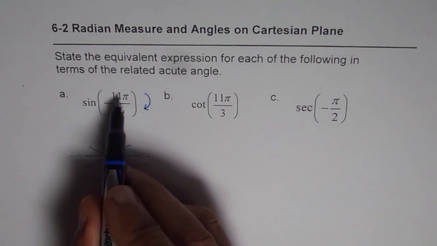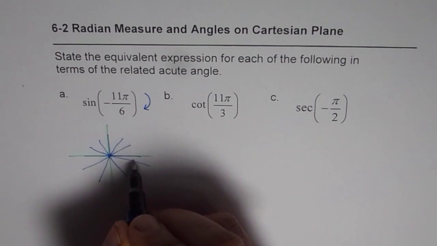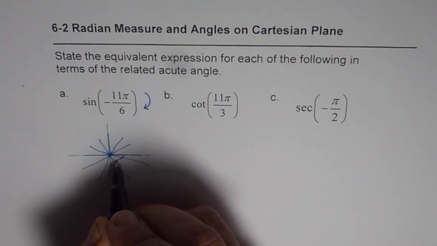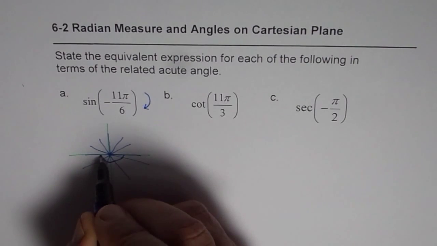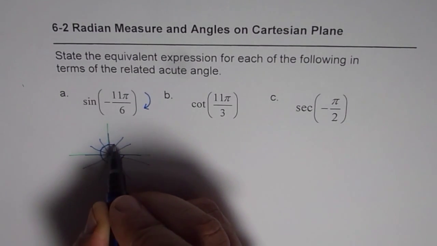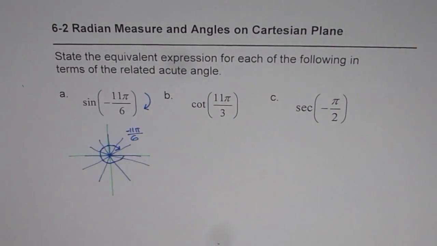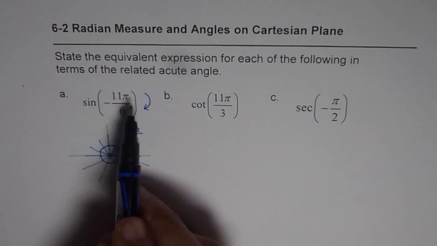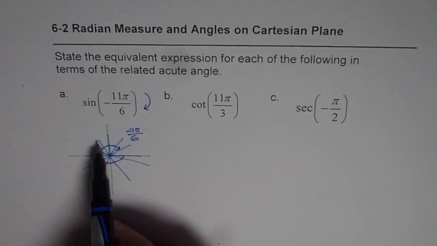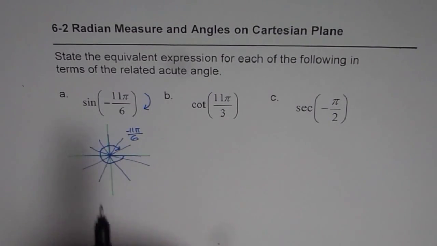So when we say minus 11 pi by 6, then we are going in this direction: 1, 2, 3, 4, 5, 6, 7, 8, 9, 10, 11. So that is minus 11 pi by 6. I hope you get the concept. So 1 less than 12, right? So 1 less than the full circle made clockwise.